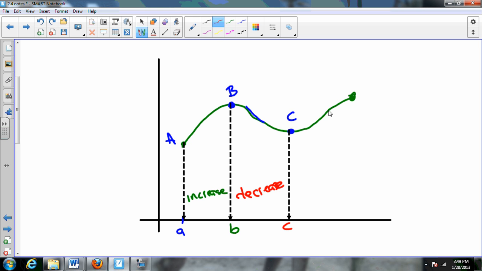And from C to D, the end, it is also increasing.